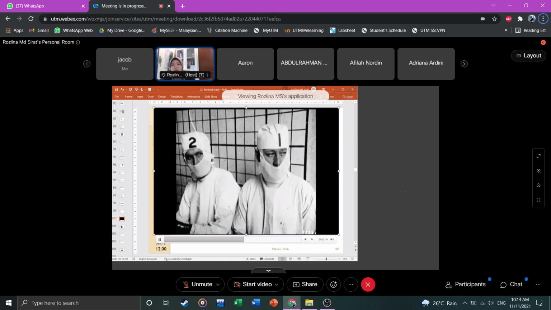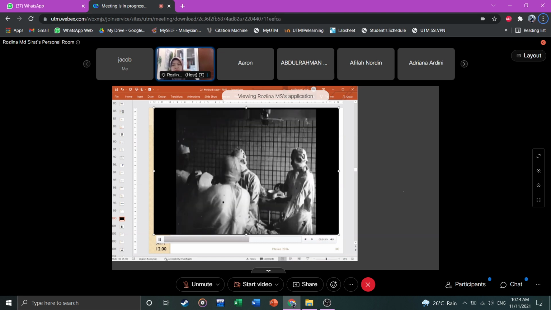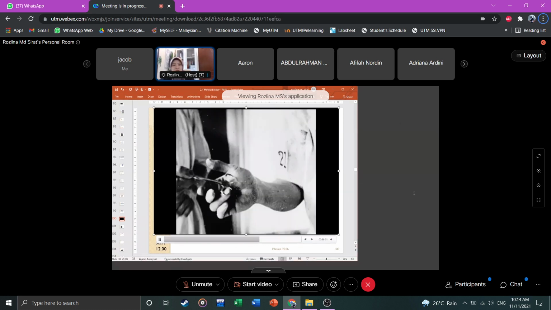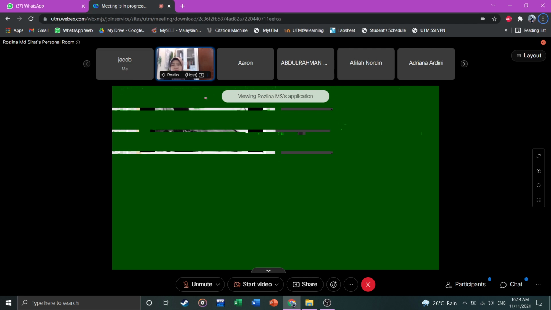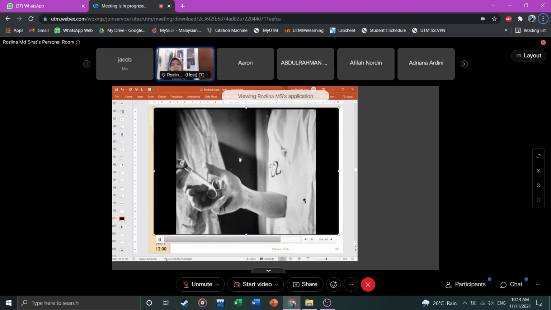Then the camera will record the light of movement during the task operation. So they can measure the total of movement based on the light recorded.